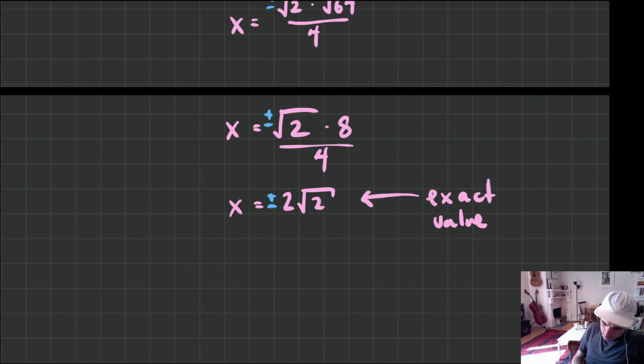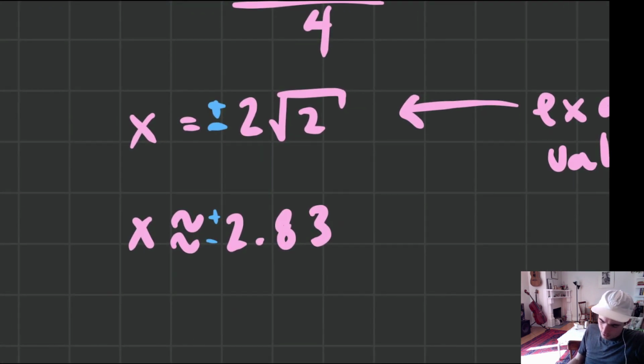So x is approximately equal to 2.83, because we're rounding to the nearest hundredth. Okay, so that looks okay. And again, I forgot my plus and minus. So this is plus or minus 2.83.